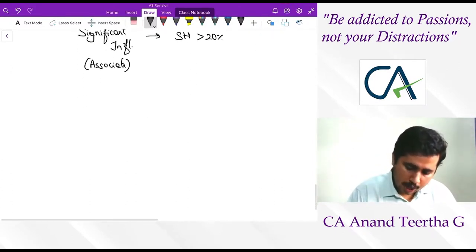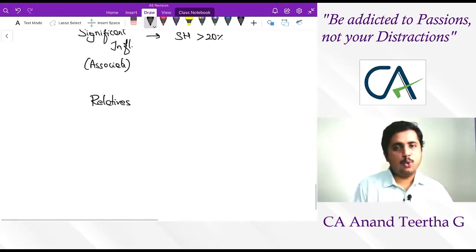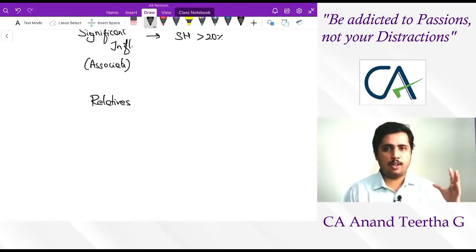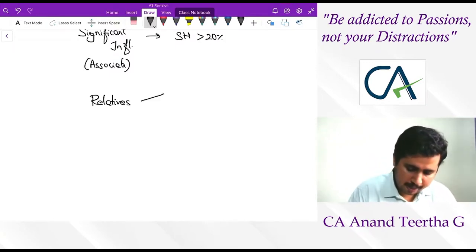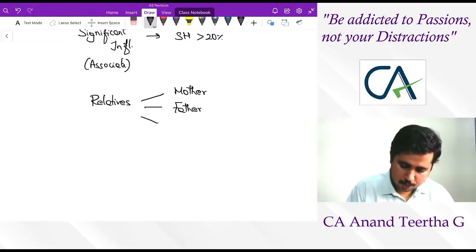Then, who are relatives? We consider that in point number 3 and 4, individual, KMP along with relatives. So 1, it will be parents, so mother and father. Then it will be siblings, so brother and sister.